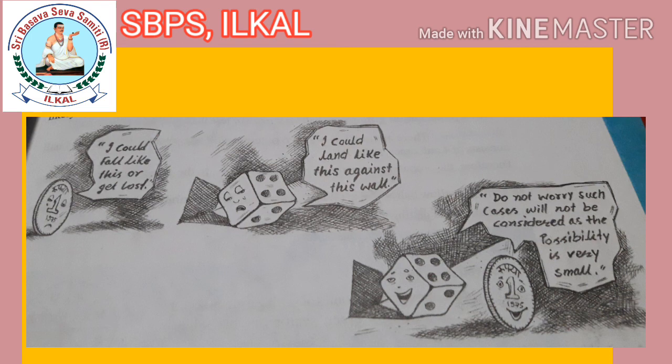If you are playing with a coin, it has 2 chances, that is head or tail. If you are playing with a dice, it has 6 chances, that is 6 faces: 1, 2, 3, 4, 5, 6. Once more, do not worry, such cases will not be considered as the possibility is very small, which I have shown in the picture of the coin and dice.